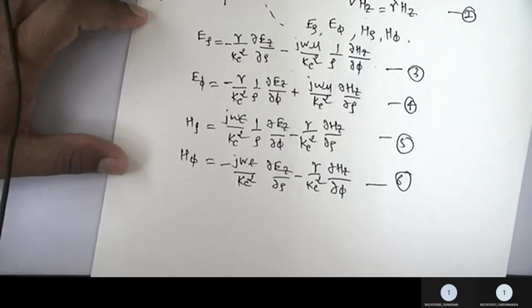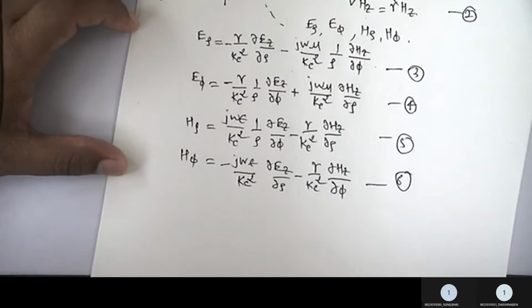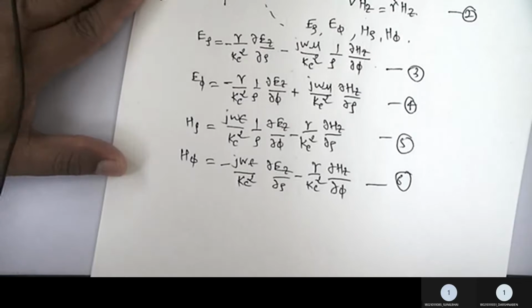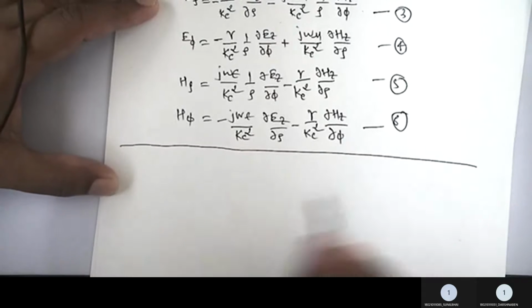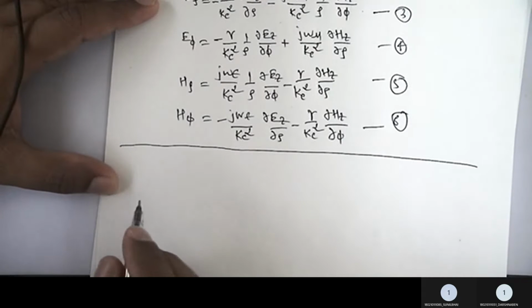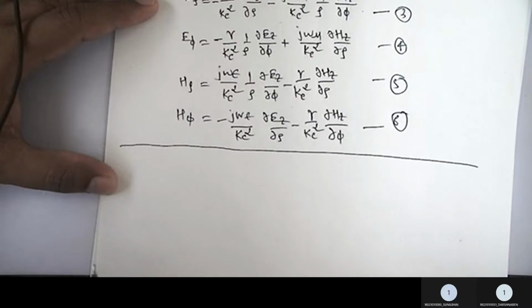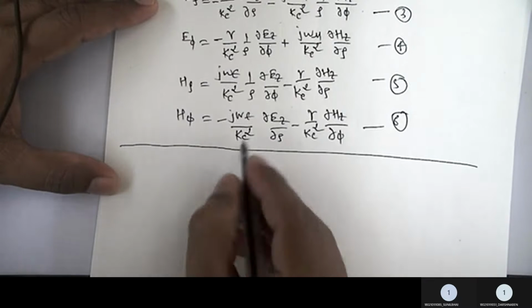let me first give you the idea that for the TE wave in circular waveguide, we can obtain that these components in a TE wave can be derived. So first of all, we have to do the derivation of these components.